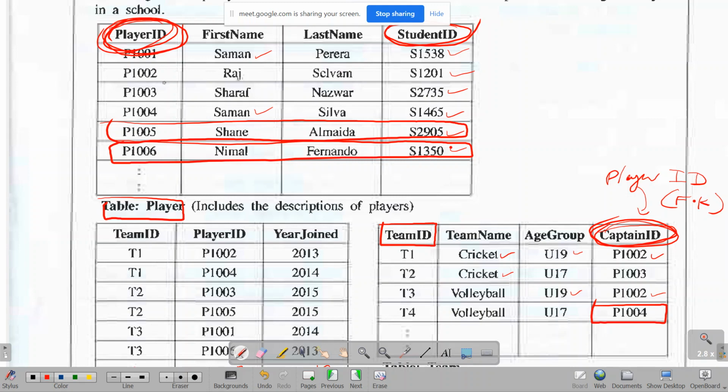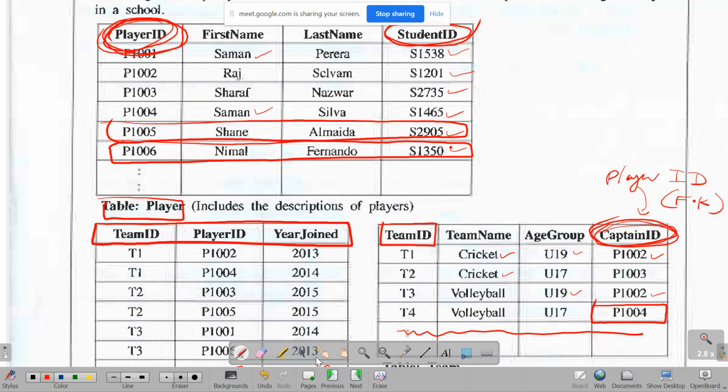So in under 17, there should be an entry for the new team, and there should be an entry for these fields in the team and the player, because the team has only one member for the moment, which is the captain, right? So T7 and the player ID should be there, P1005.